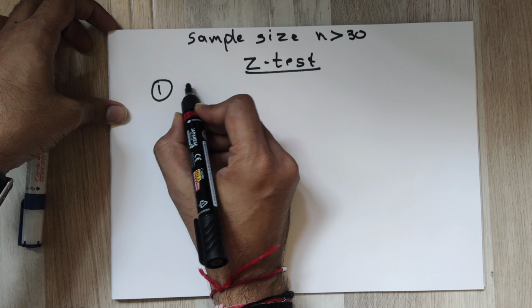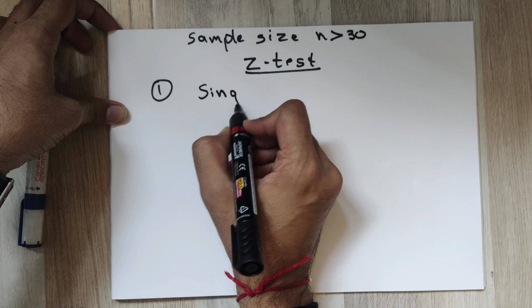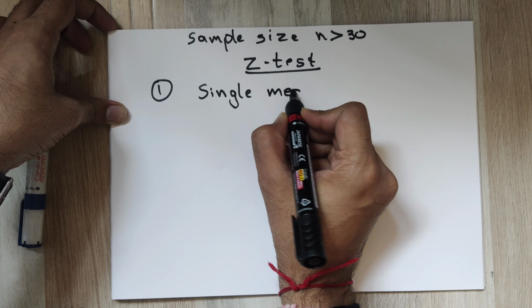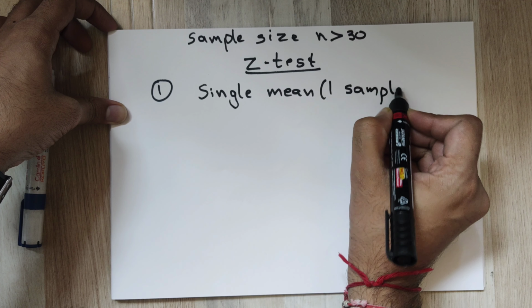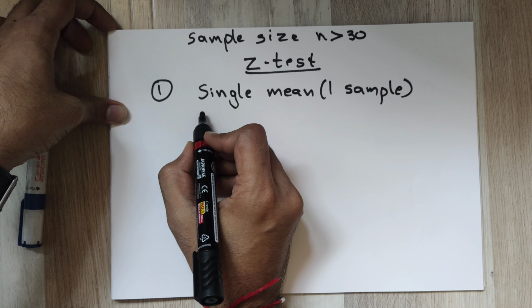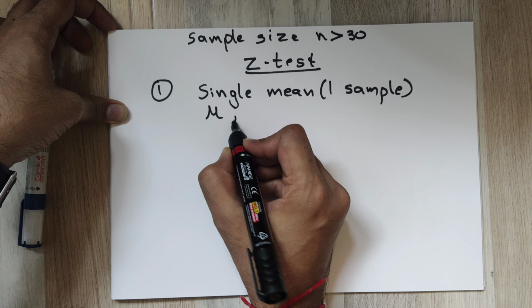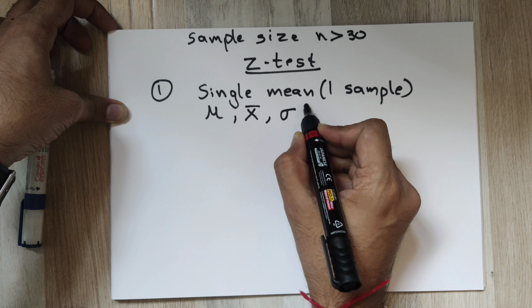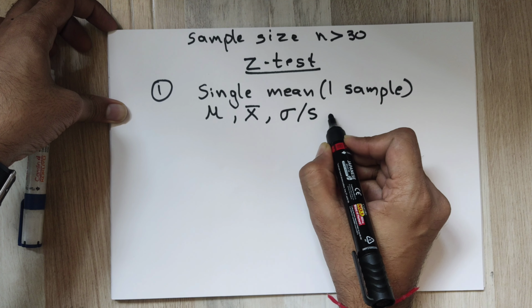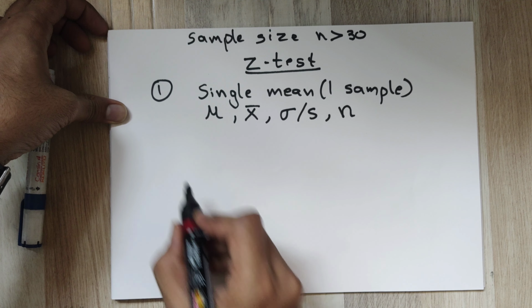The first is the test for single mean. So in single mean, we'll have only one sample. The kind of data that will be available in the question is population mean, sample mean, either population standard deviation or sample standard deviation, and the sample size.